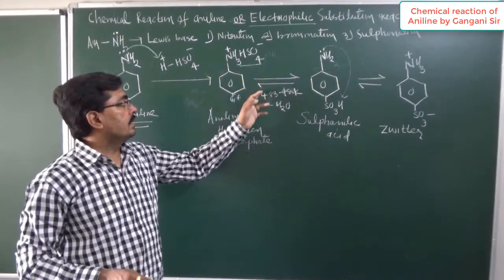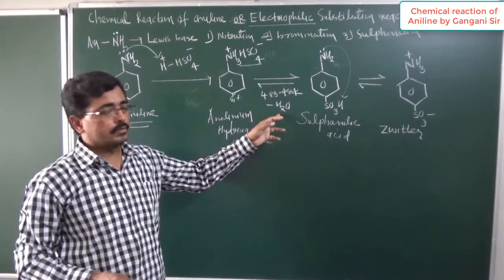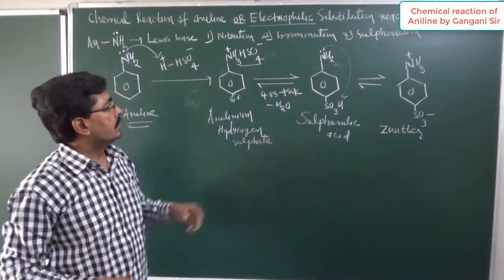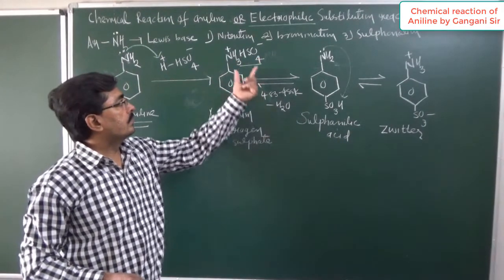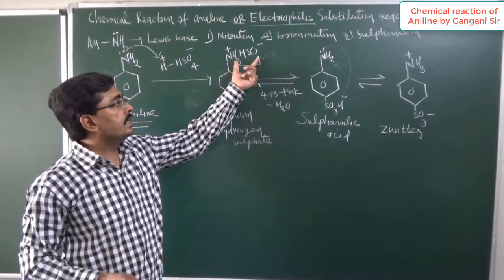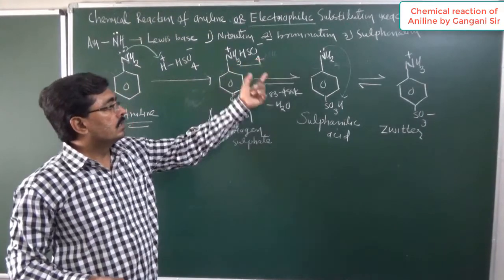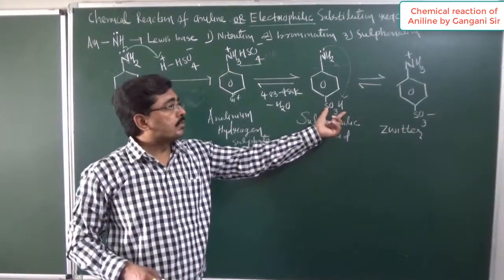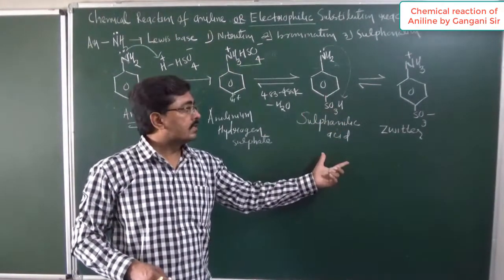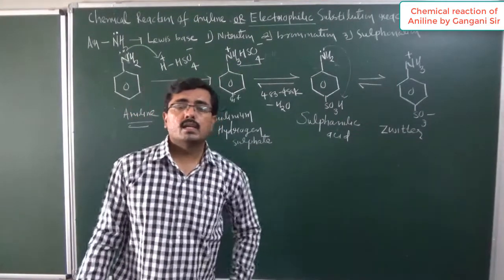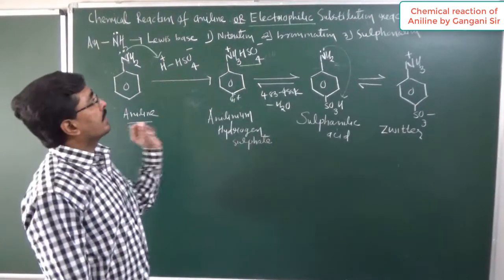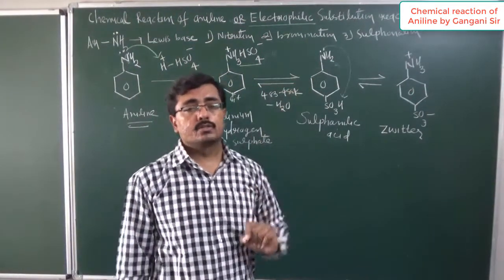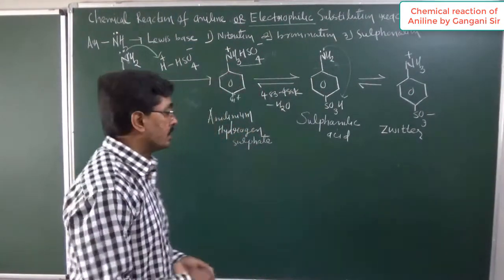So this will be removed in the form of a water molecule. From the remaining part, SO3H will come in the para position, and we get sulfanilic acid, which also converts into a Zwitter ion.